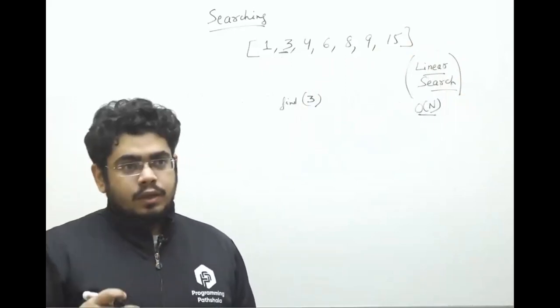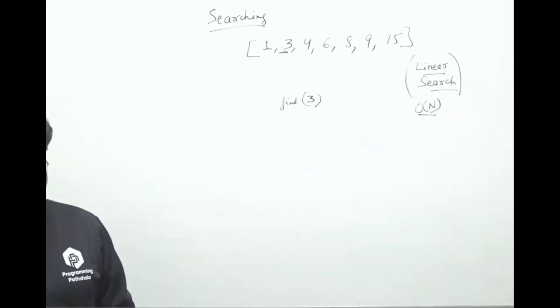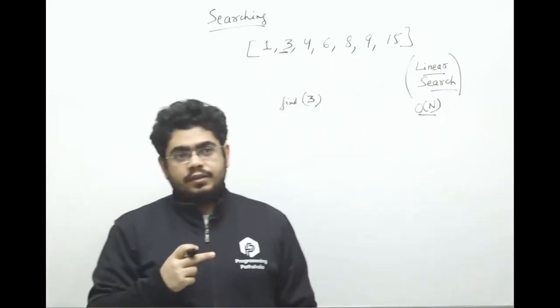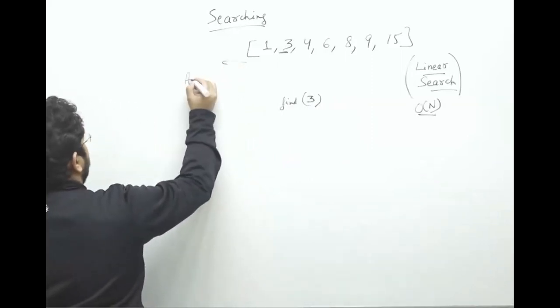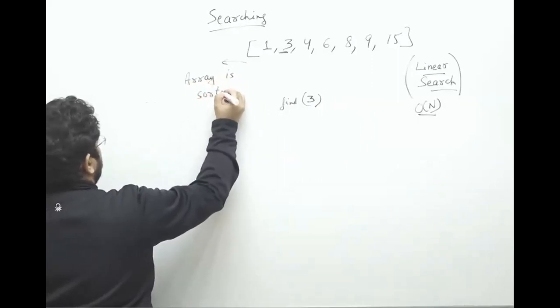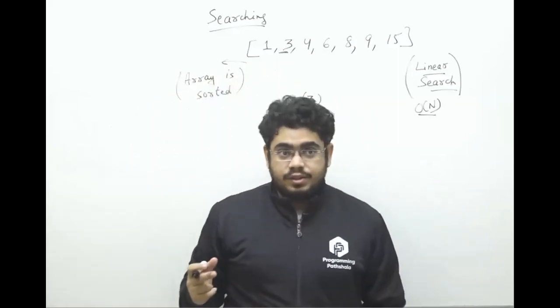Okay. So people have come up with another algorithm, which is called binary search, which helps us quickly get to an element if the array is sorted. So important condition, if my array is sorted, then I can in fact go ahead and do binary search here.